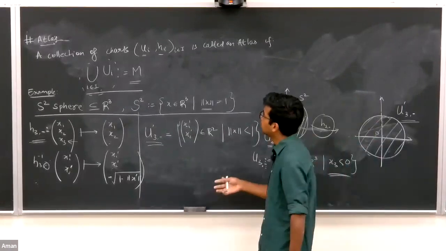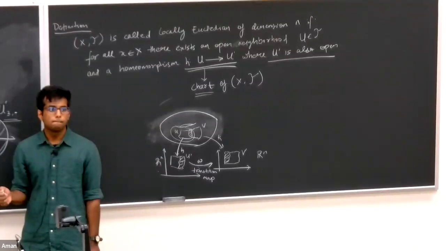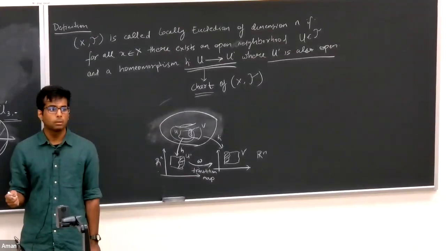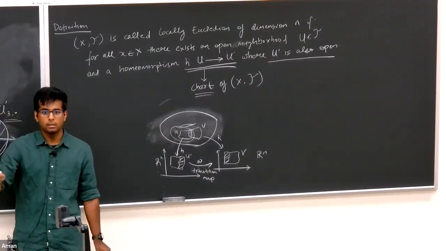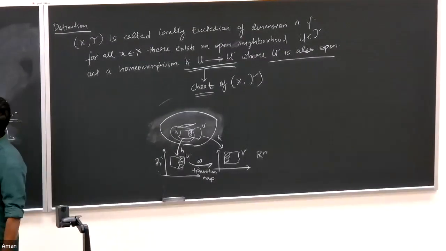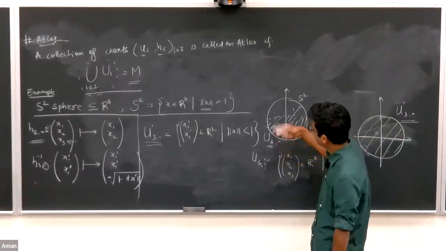So now, is this already an atlas? Anyone? Not right. Yeah, because it's only covering half the space, it's not essentially an atlas yet. But let's say we generalize the whole thing, and instead of just this minus we have a plus as well.